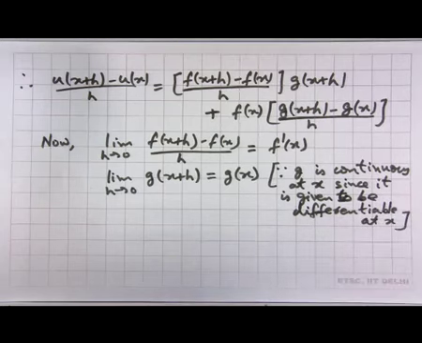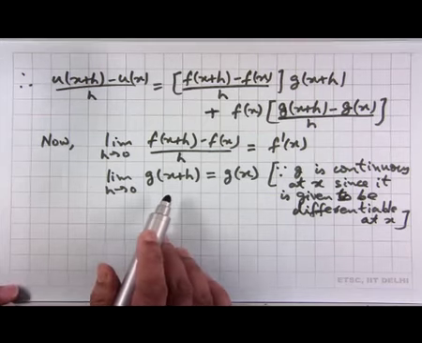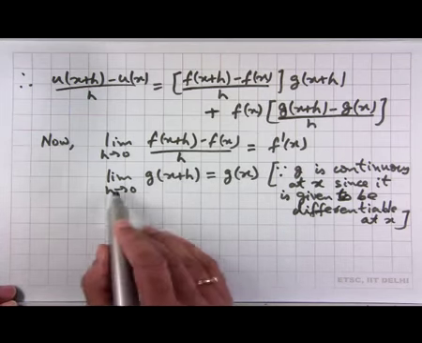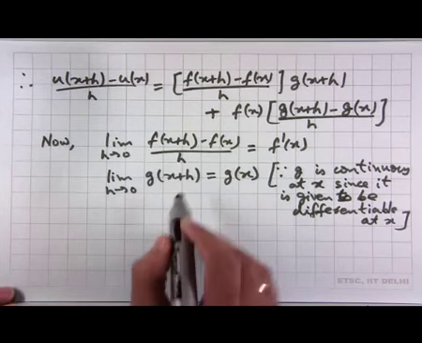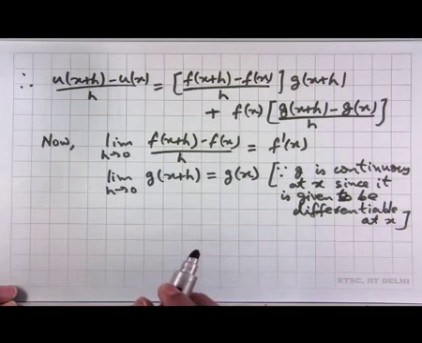So, note that we are using the theorem that we proved, that if g is differentiable at x, then it is also continuous. So, the limit of this, because as h goes to 0, x plus h approaches x, and because it is continuous at x, this limit must be equal to the value of the function at x.